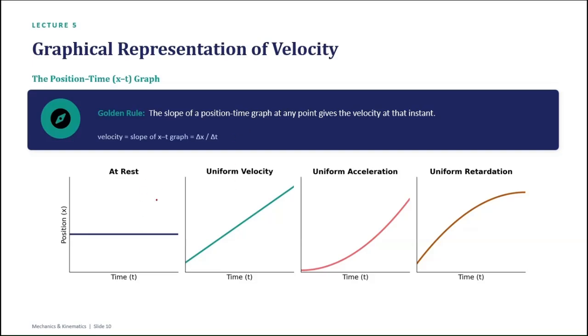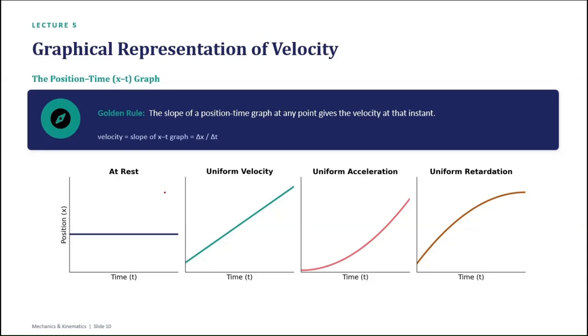Slope means the position divided by time. So velocity is equal to the slope of the x-t graph, or position-time graph, which is delta x divided by delta t, meaning the change in position divided by the change in time.